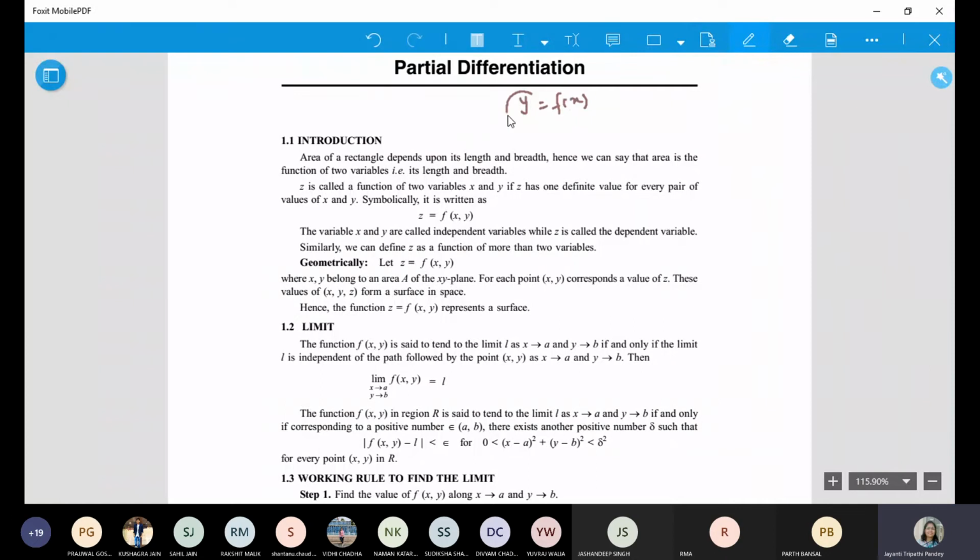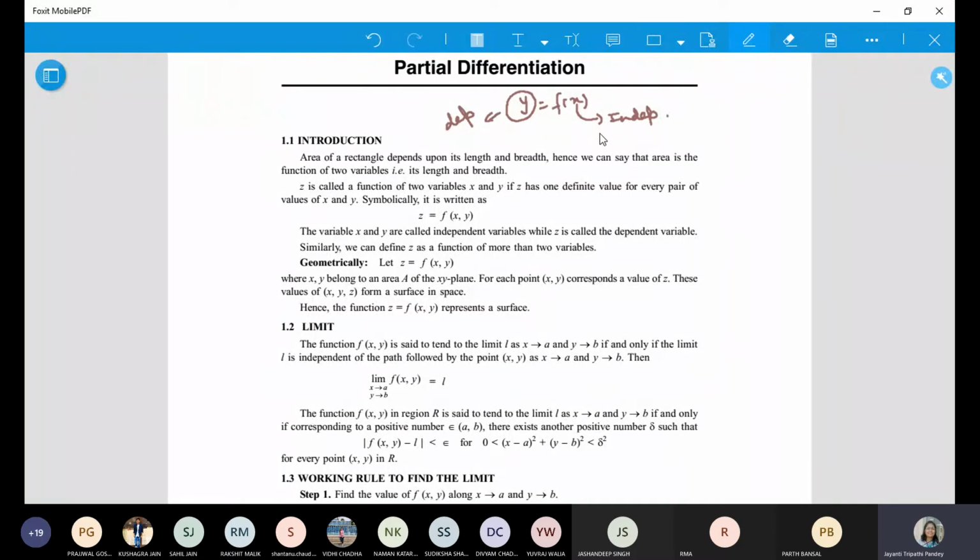So what was happening? Your y was acting as dependent and this was a function and x was independent variable, right? Whatever differentiation you did till now is complete differentiation. There was just one dependent variable and there was just one independent variable.